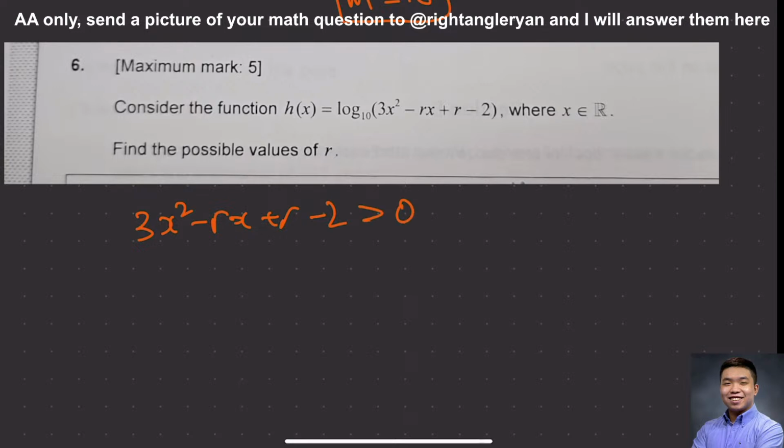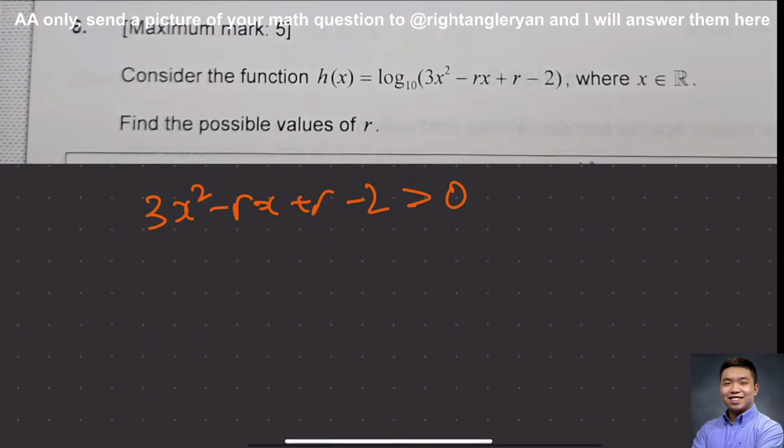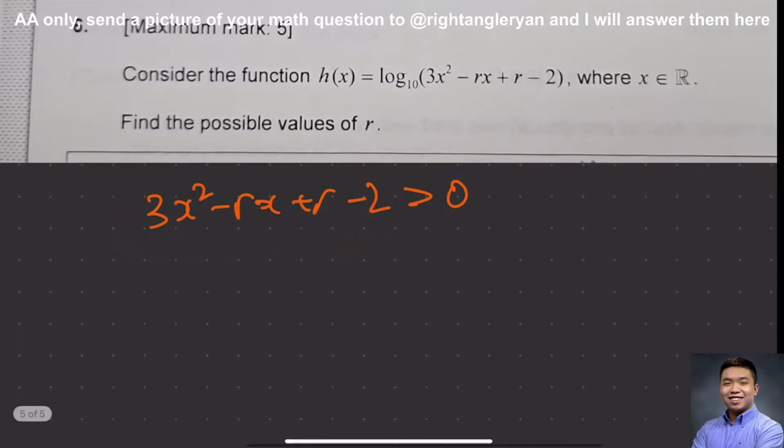I don't know if this is paper 1 or paper 2. So I'm just going to assume this is paper 1. Okay, I'm noticing that this is a quadratic. So if I want a quadratic to be bigger than 0, what do I need to do? I need to find the zeros, right? Oh, paper 2.